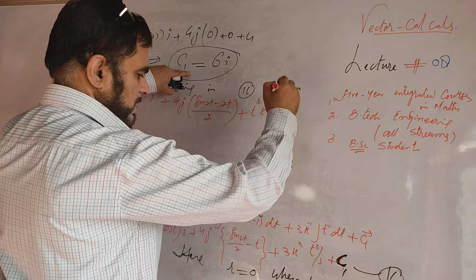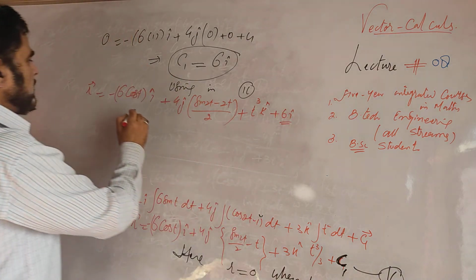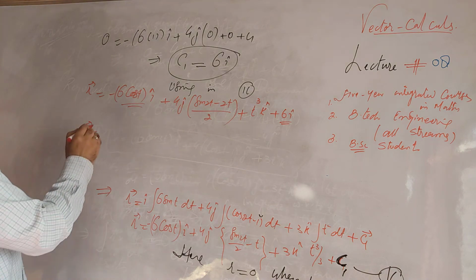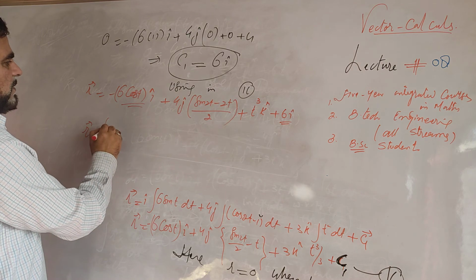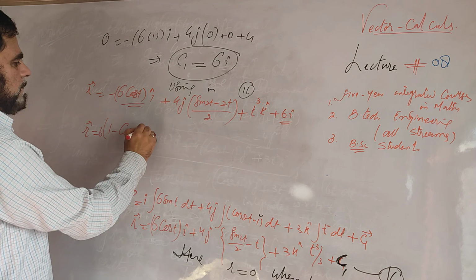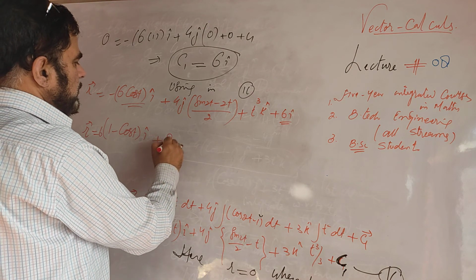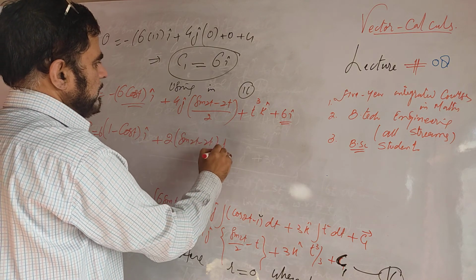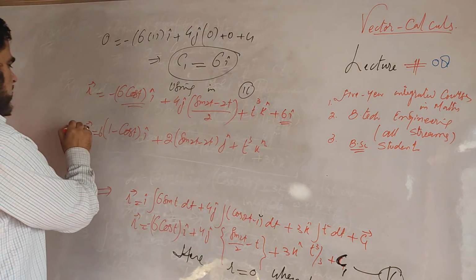C1 you have found, it is plus 6i. Connect this with this, and you will get the displacement r as: taking 6i common, 6 times 1 minus cos t i, plus 2 times sin 2t minus 2t j, plus t cube k. It is our displacement.